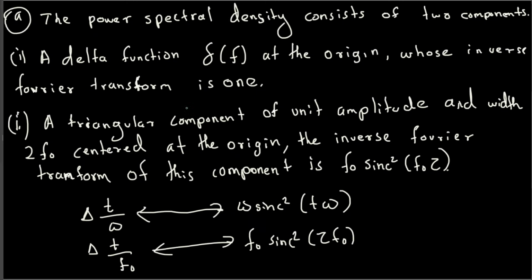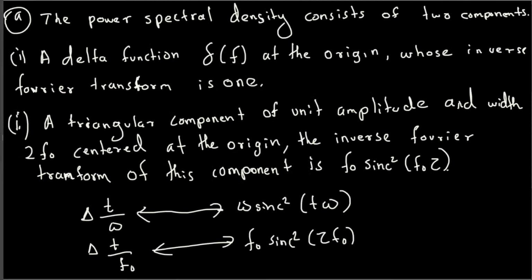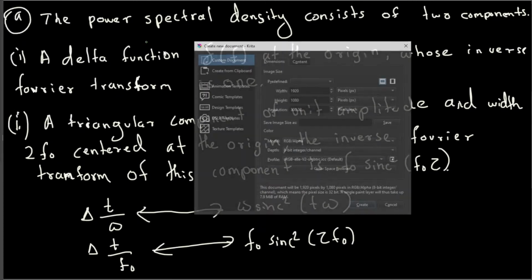Okay, and that's part 2. Now we just have to draw this one. Here we are going to have a sinc square function and also a 1 from the delta of f; the inverse Fourier transform of an impulse is just 1. Let's write the expression as well.